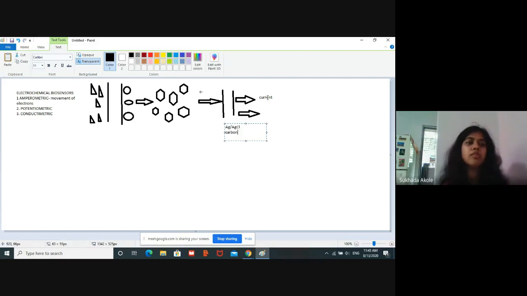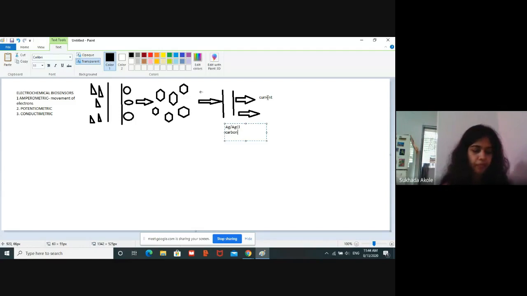Second type of biosensors are the potentiometric biosensors. In these biosensors, changes in the ionic concentrations are determined using ion selective electrodes, like for example a pH electrode. So my pH electrode is an example of a potentiometric electrode. Other types of electrodes could be ammonium selective and carbon dioxide selective electrodes.